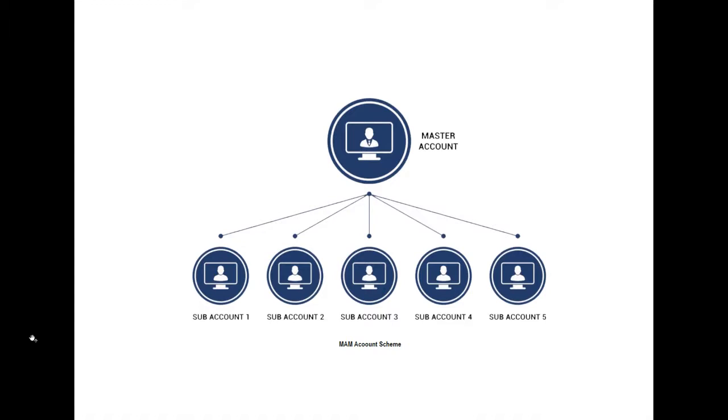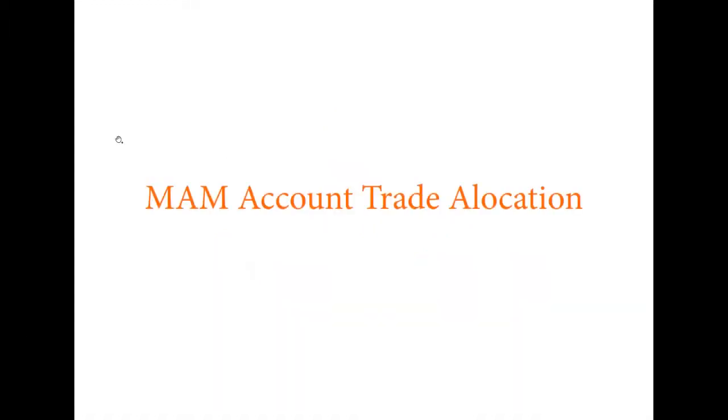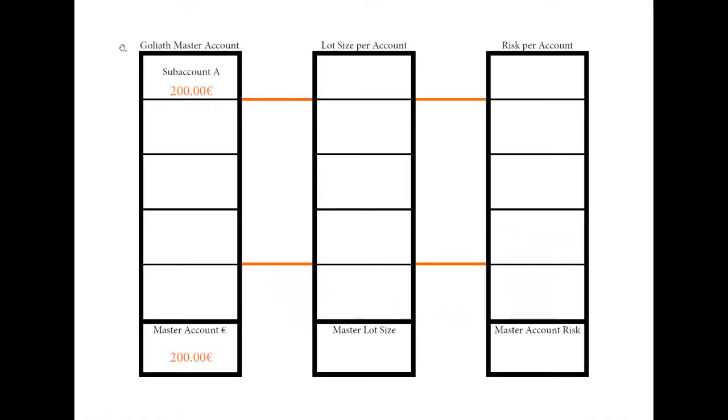So let's see some examples. Imagine the Goliath master account has one sub-account A with 200 euros, which makes the master account 200 euros. If sub-account B has 500 euros, the master account will be the sum of these two, 700.